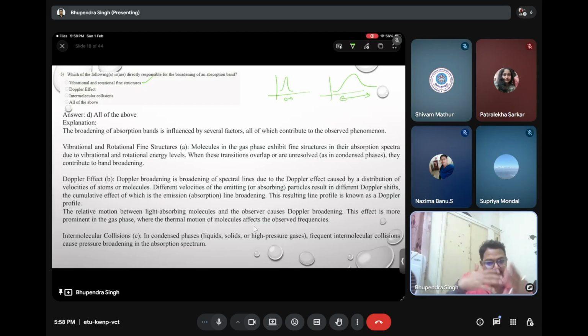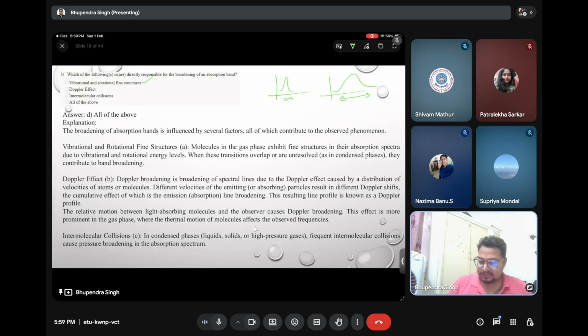So that is why if your sample is in the gas phase, because of this interaction with other molecules, the absorption broadening will be there. I think I made my point clear probably.